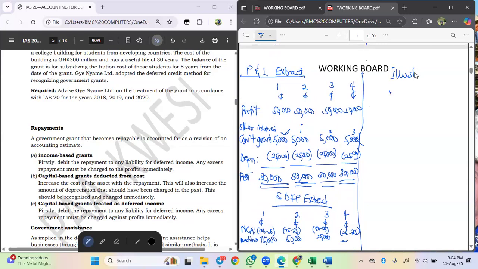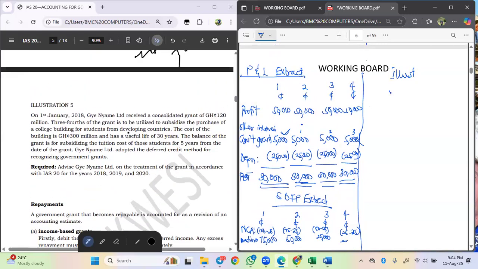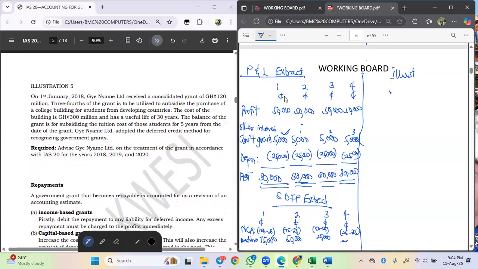Kindly scroll down for me. So on 1st January 2018, Junior Mail Limited received a consolidated grant of 120 million. 3/4 of the grant is to be utilized to subsidize the purchase of a college building for students from developing countries. The cost of the building is 300 million and has a useful life of 30 years.